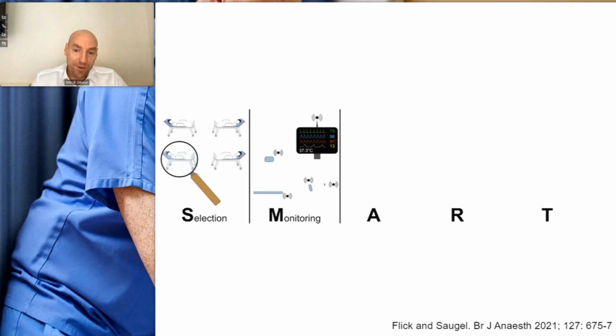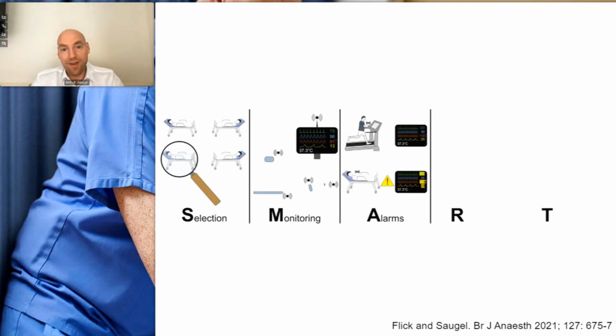We need to think about alarms. So we need to be very smart with the alarms. Of course, those alarms need to be contextualized and individualized. It's not, for example, a heart rate of more than 100 always triggers an alarm.